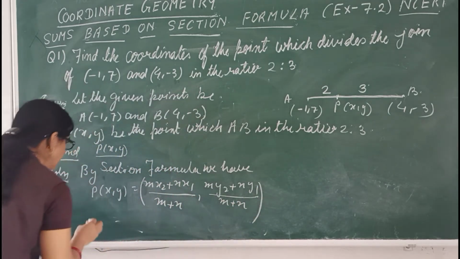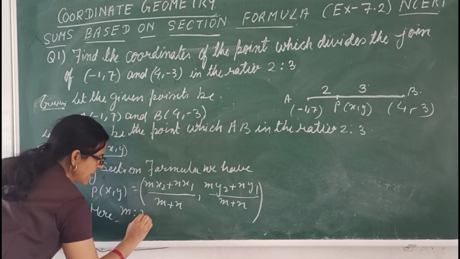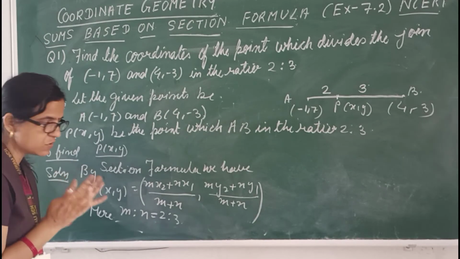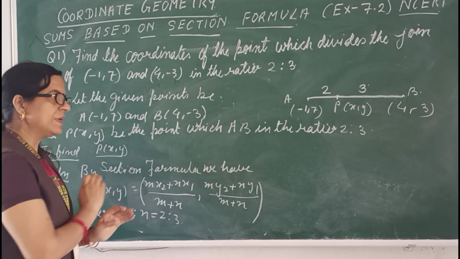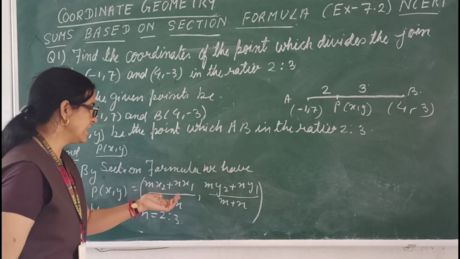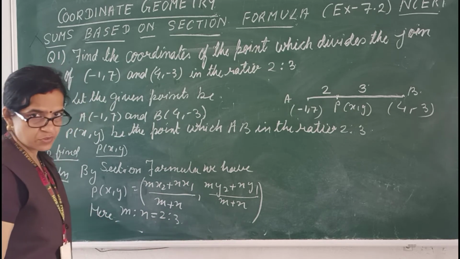Now here m is to n equals 2 is to 3. Here, because it is the first question, I am solving each and every step. But after you have solved a few questions, you can directly use this formula. I mean, in place of m and n, you can directly substitute 2 and 3.